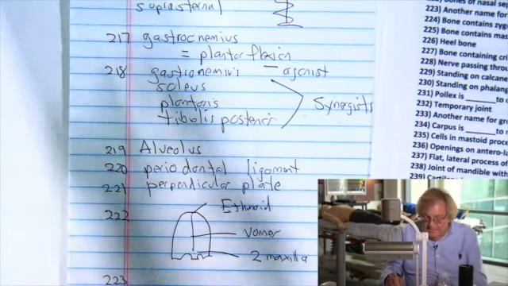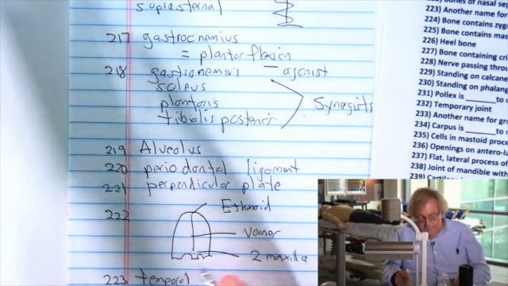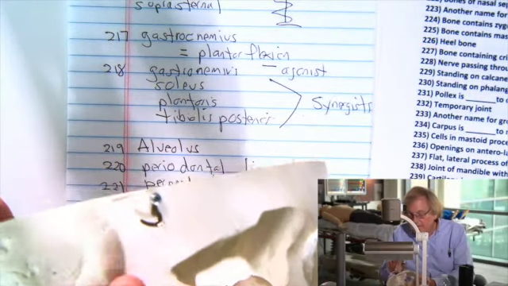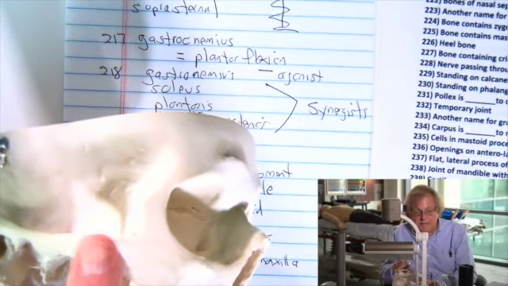223 is the bone that contains the zygomatic arch. Well, that's again going to be the temporal bone. So the zygomatic arch is right here. It's the temporal bone here, here's my zygomatic arch here. And there it's going to connect up here with the malar bone.